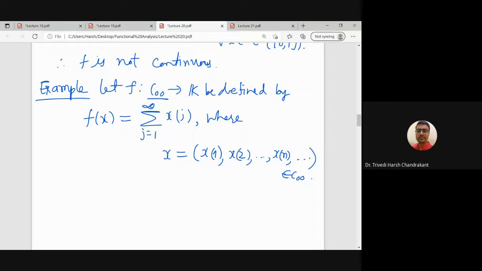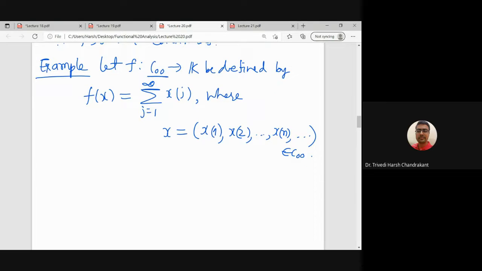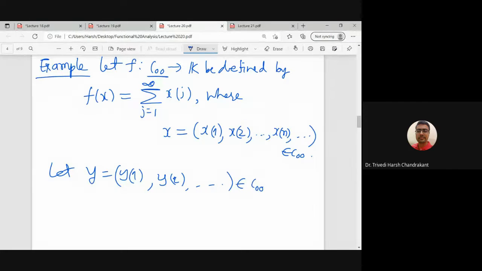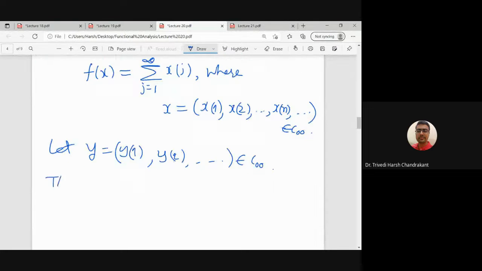Okay, so now we have defined this function. The question is whether this function is linear. That is very clear, because if we take two sequences, x already we are taking from C00. Let us take y1, y2, another sequence from C00. Then f of y will be the summation of the coordinates of y, that is summation yj, j from 1 to infinity.